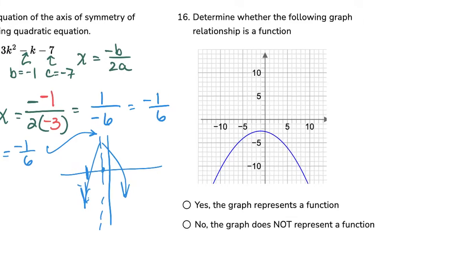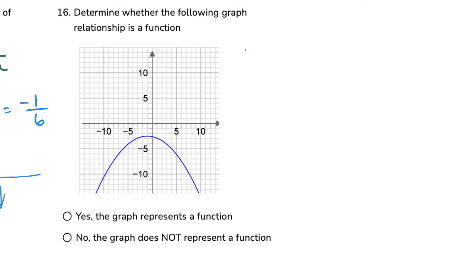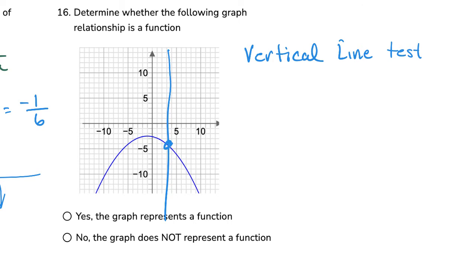Number 6, determine whether the following graph relationship is a function. This is a test called the vertical line test. If a vertical line only hits it in one point, it is a function. If you can draw a line anywhere that hits it in 2 spots, it's not. No matter where I draw a vertical line here, and let me pull out maybe a vertical line here.